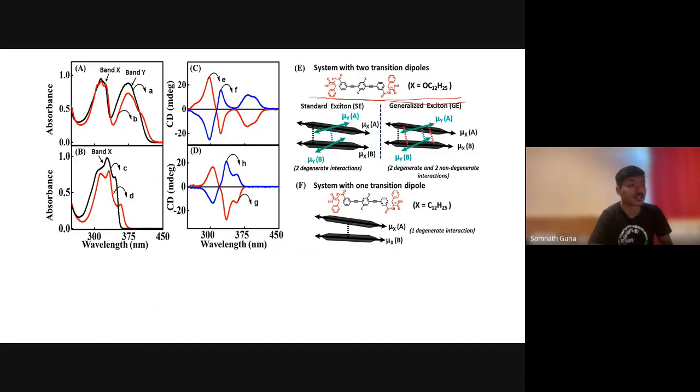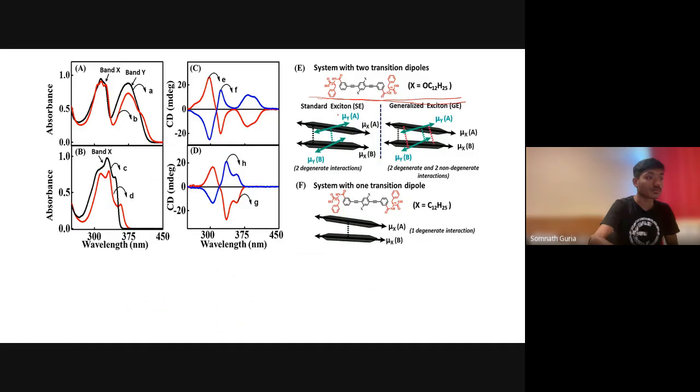Initially, this dye molecule has its own optical activity because a chiral amino acid is connected with it, that is phenylalanine over here, which is connected with that dye molecule.